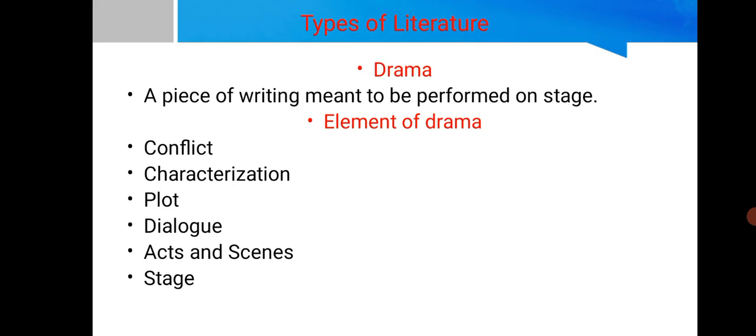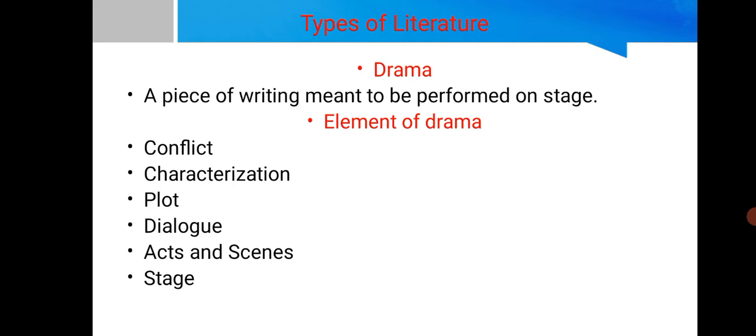Basically, today we have different stages where drama is performed. We have theater, we have movie houses, and others. But basically, the origin of drama is that it is written and performed.